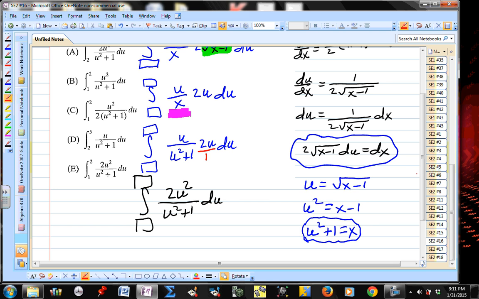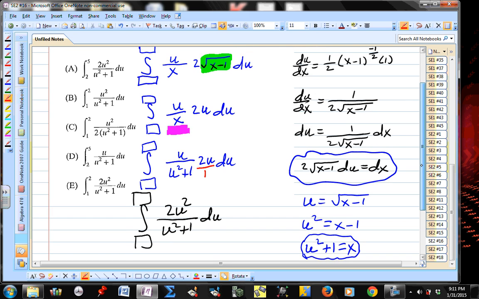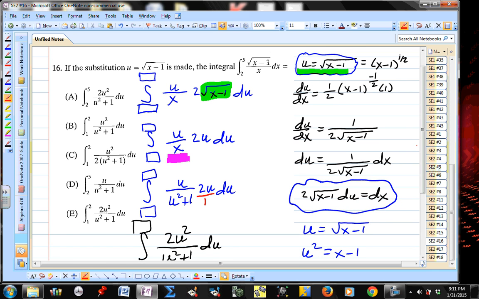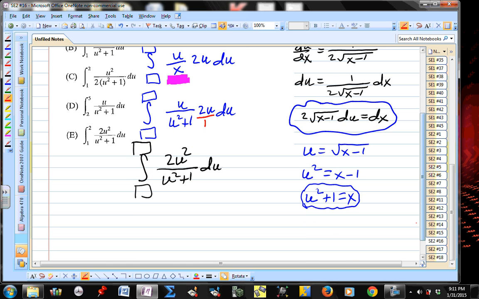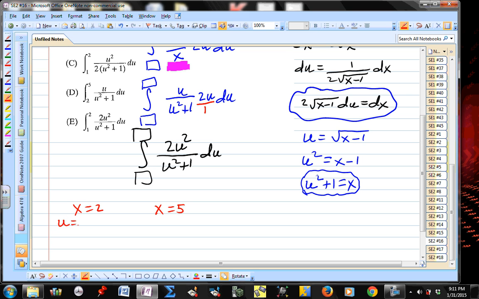Now let's find those missing limits of integration. We started integrating with respect to x. We had x is 2 to x is 5. We're going to keep those in mind. If x is 2 for the lower limit and x is 5 for the upper limit, well, u is root x minus 1.